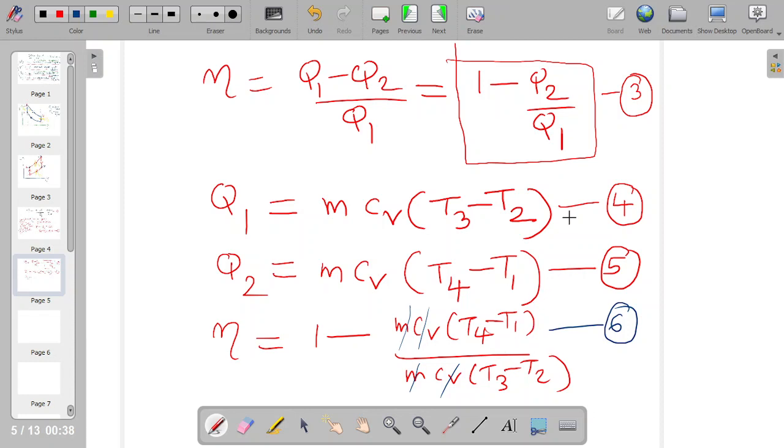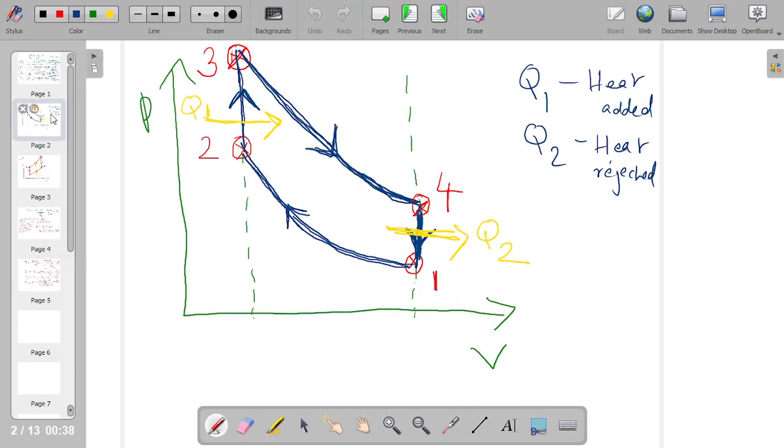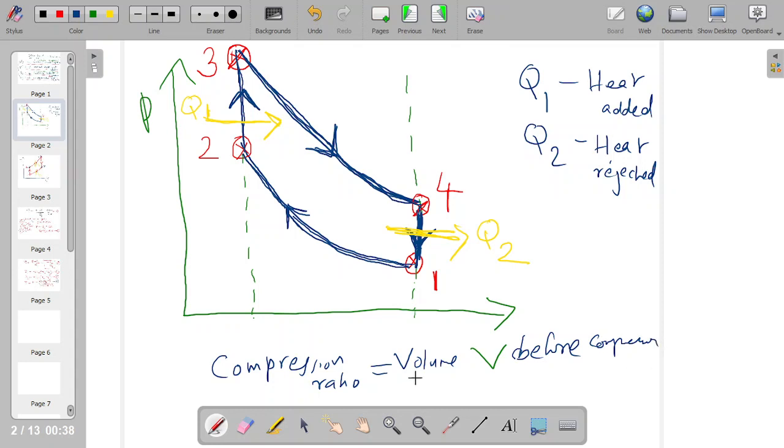So for that we have to define the compression ratio. From this PV diagram we can define the compression ratio. So what is compression ratio? Compression ratio is volume before compression divided by volume after compression.